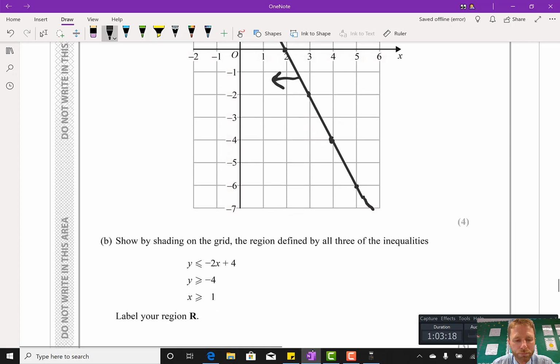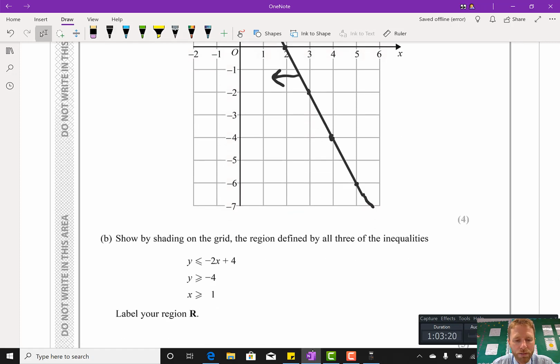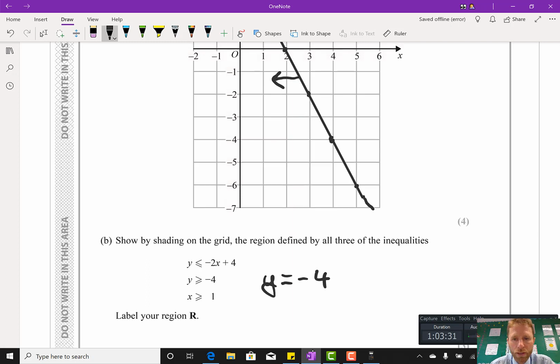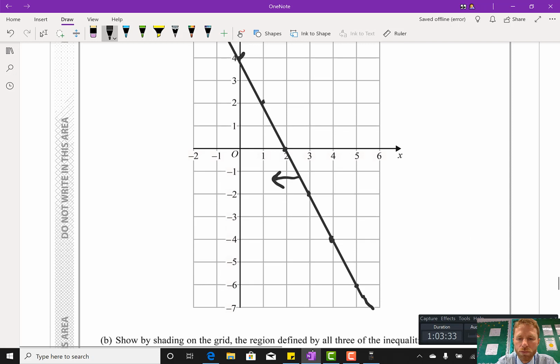y is greater than or equal to -4, so I actually need to draw the line y equals -4. Now, prior learning, prior knowledge, how do you draw a line? Well, Mr. Cheeseman will always tell you whenever you draw a set of axes to mark that not only is it the x-axis, it's also y equals 0, because every y coordinate on this line is in line with 0.